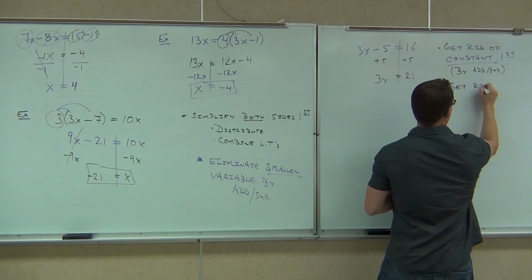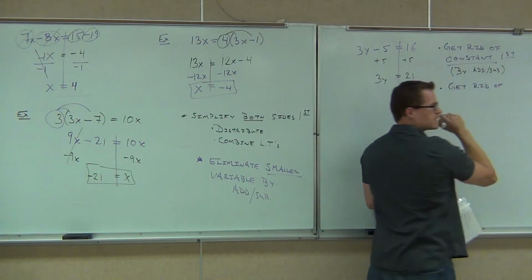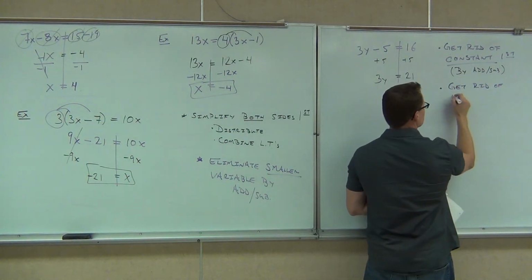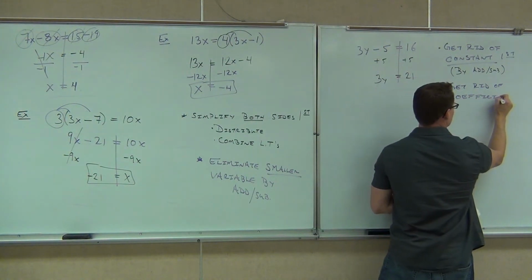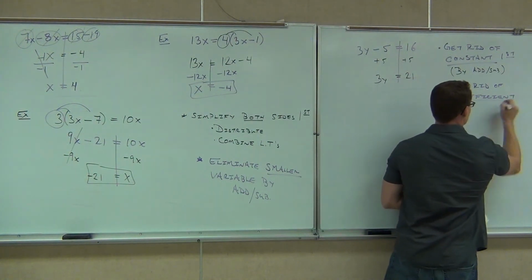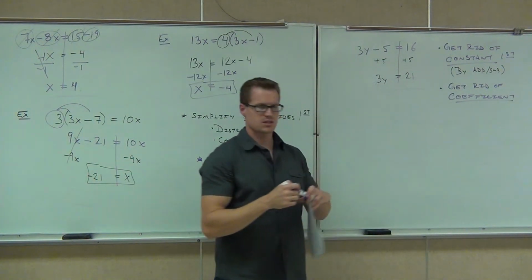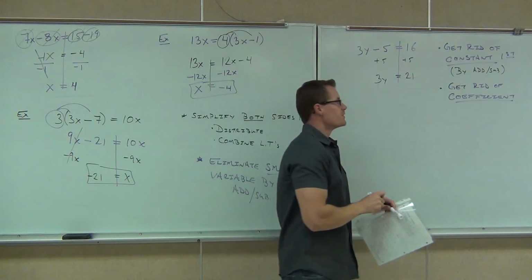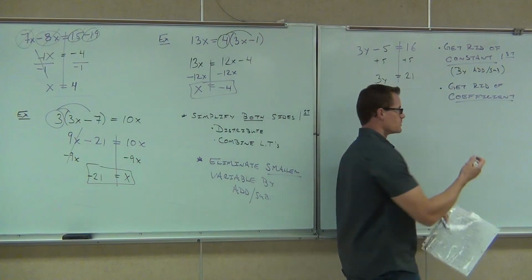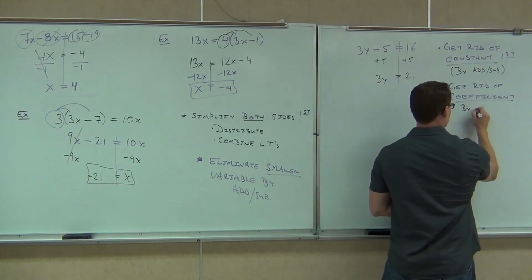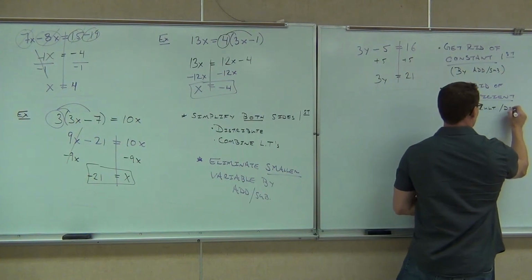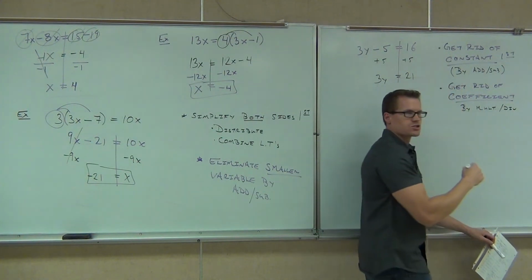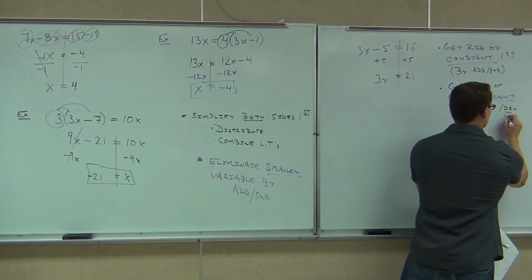So get rid of the coefficient. Coefficient is the number in front of your variable. This is going to be by multiplication or division. For us, it's almost exclusively by division.